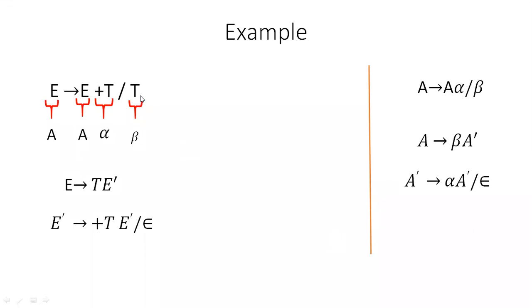So for the rule E tends to E plus T or T, I get three rules. For T tends to T star F or F, I get three rules. And finally, F tends to ID. So finally, how many rules am I getting? 3 plus 3, 6, plus 1, 7 rules in the modified grammar.